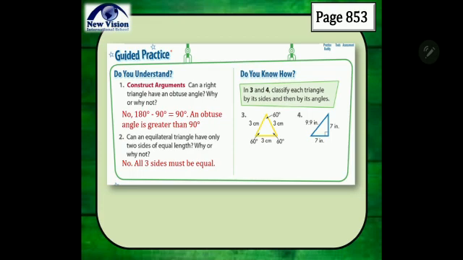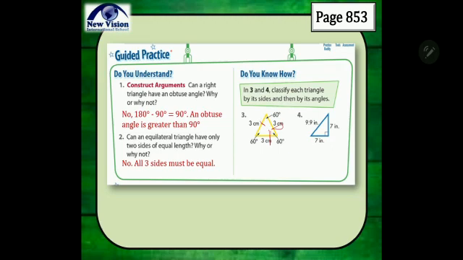In 3 and 4, classify each triangle by its sides, and then by its angles. First, number 3, so the sides are 3 centimeters, 3 centimeters, and 3 centimeters. So all sides are equal, so that means it's an equilateral triangle.